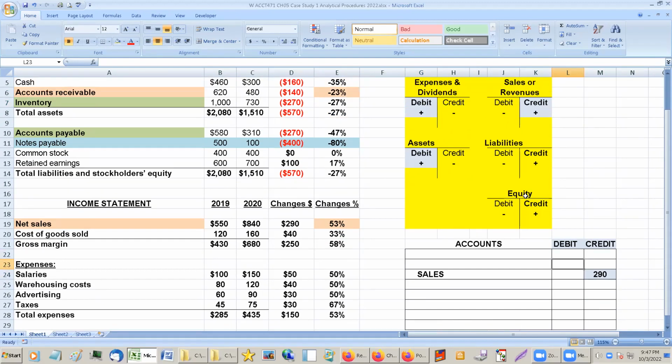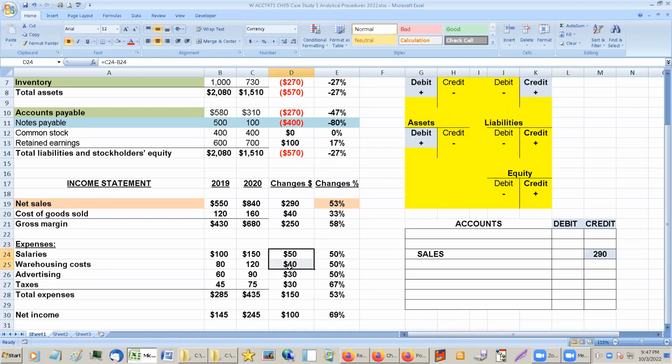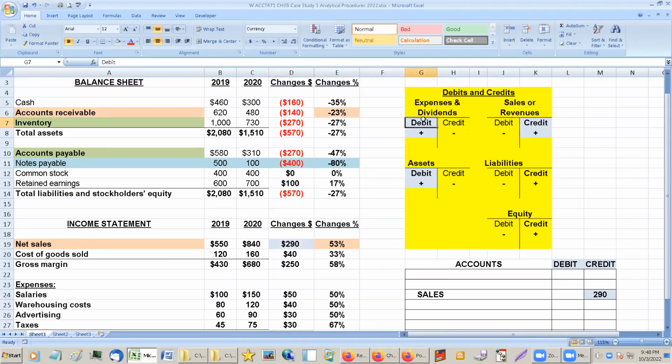They went up by some amount. Now, they didn't go up by as much as the 290, but they went up by 150, basically. So this is probably not the other side of that. It's not enough, for one thing. Okay, so the debits are probably not expenses, probably not dividends.